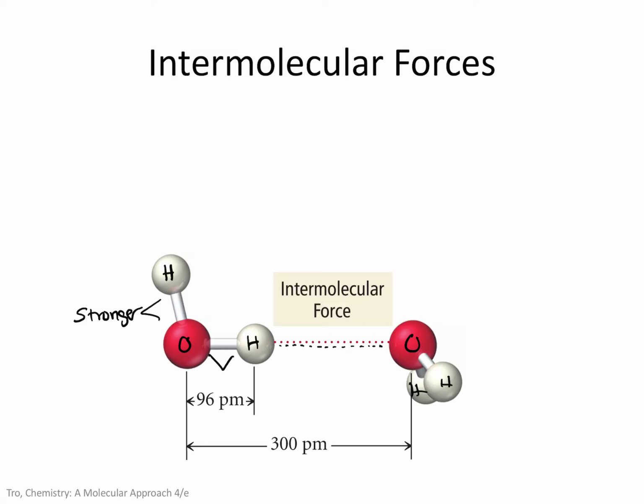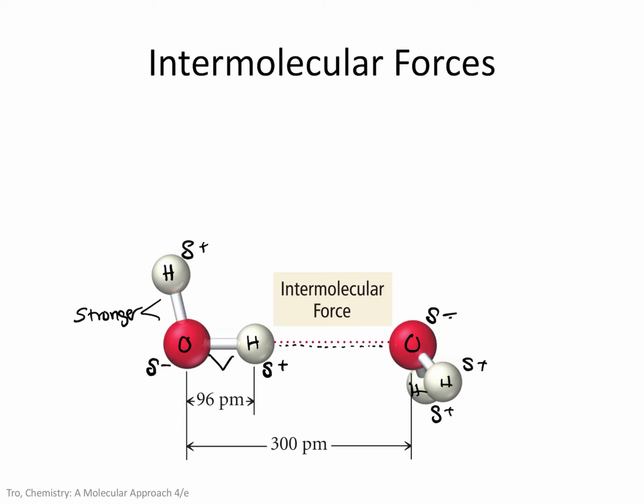Now, when I say partial charges, what am I talking about? We know that due to polarity, we can always assign a partial charge. So between oxygen and hydrogen, which one is more electronegative? Oxygen. So this has a partial negative charge, and this is a partial positive charge. Same for the other one. Partial negative, partial positive.